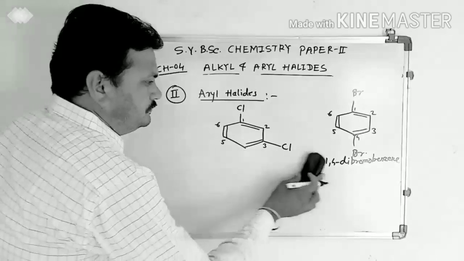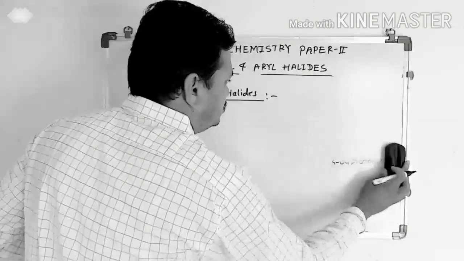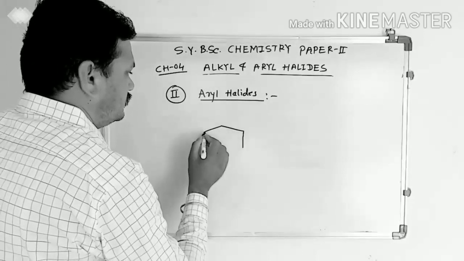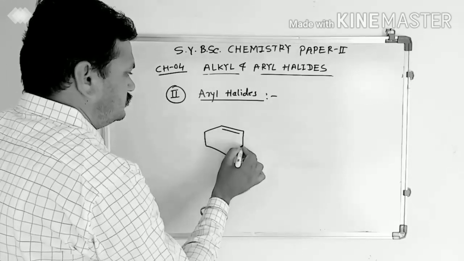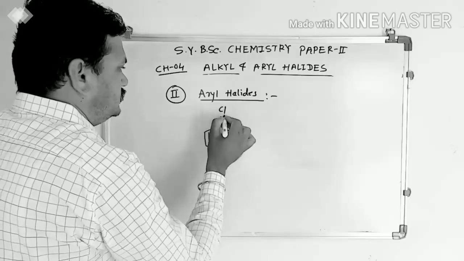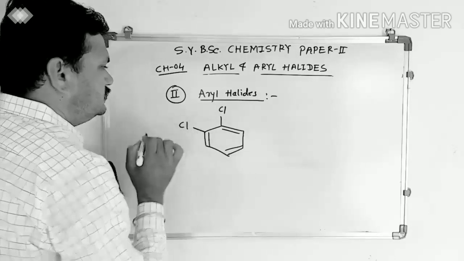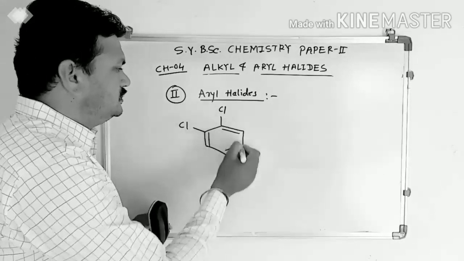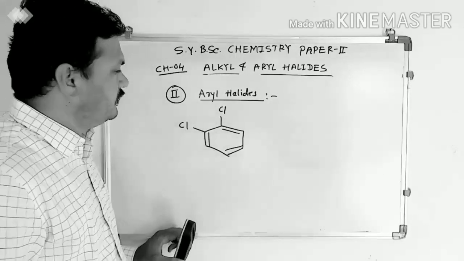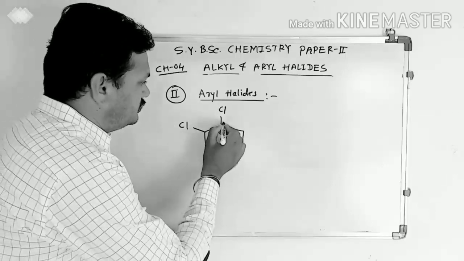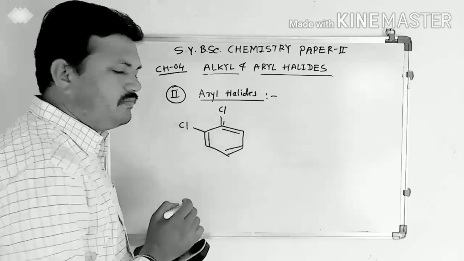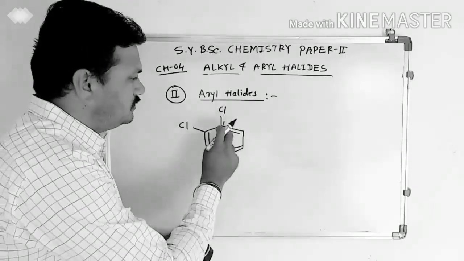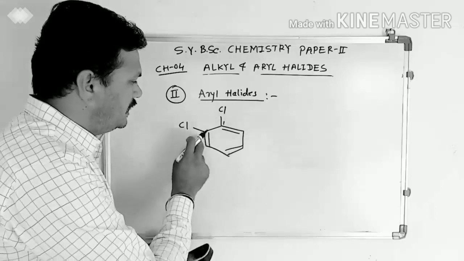Another example for these aryl halides, Cl. Now, while giving numbering to this aromatic compound, we will start with this carbon atom. It is carbon number 1. When we give number from this side clockwise, it is 2, 3, 4, 5, 6.